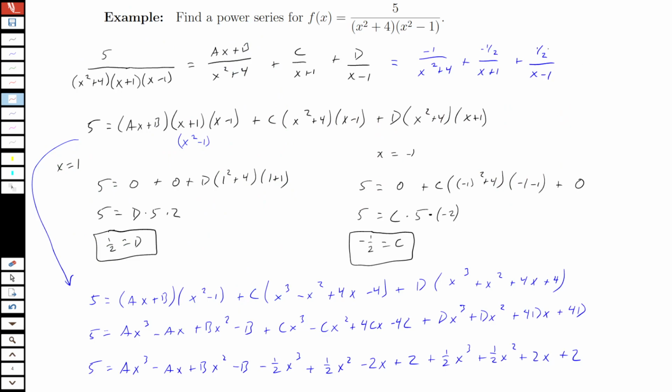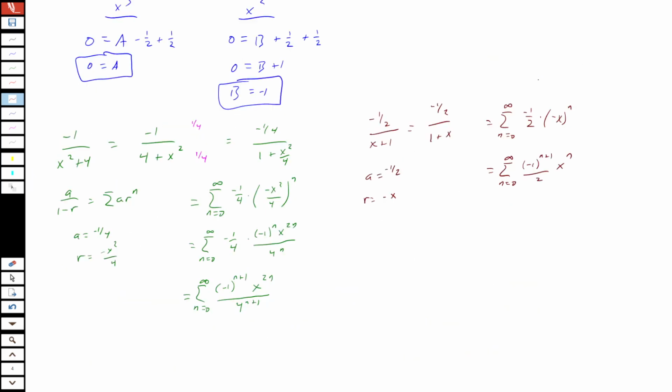Okay. Finally, I have a positive half over x minus 1. Okay. So if I multiply top and bottom by a negative, I'll have a negative half over 1 minus x. So I want my a to be a negative half and my r to just be x. So this is going to be the sum of negative 1/2 x to the n. Okay.